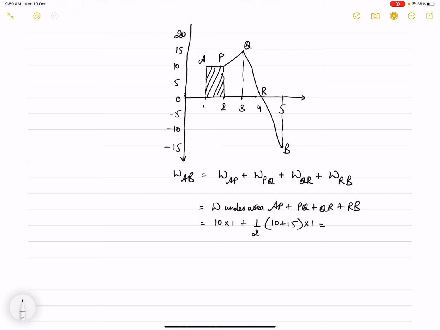Or if you do not know the formula, you can just divide it into two portions. One will be the triangle and the other will be the rectangle. So triangle area is half into base into height, and then you add the rectangle and you will get the same formula.